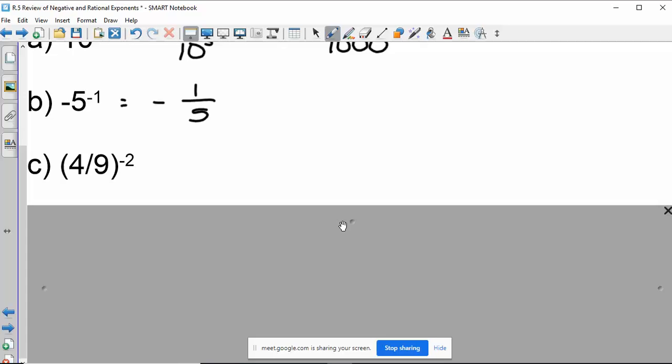You have a fraction, you can just flip the whole thing. So this is like a 9/4 squared. And then you would have to square both pieces. So 9 squared is 81, 4 squared is 16. So 81/16.